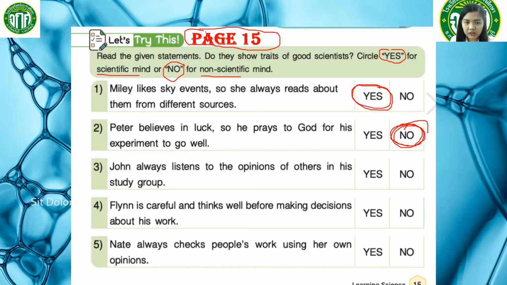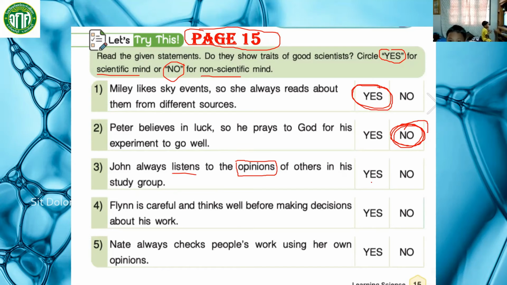Okay, how about number 3? Sardine, please unmute yourself. John always listens to the opinions of others in his study group. When we say opinions, these are the ideas of his friends or his classmates.